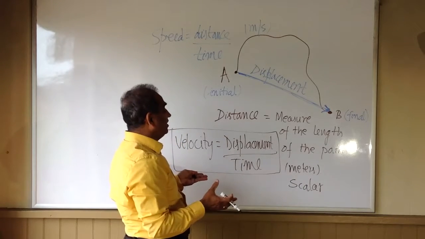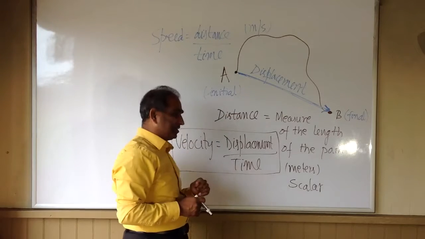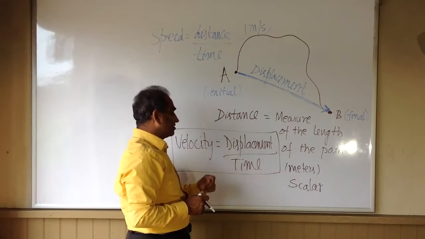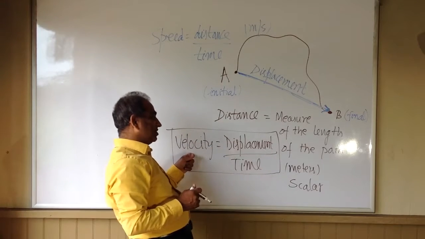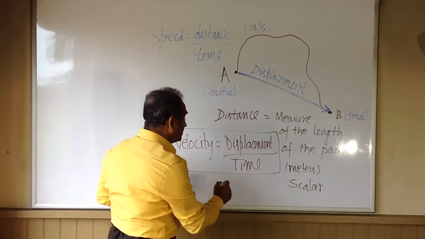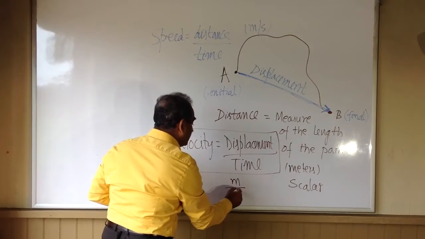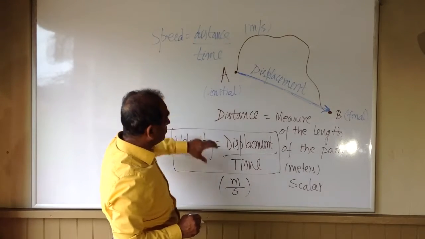It has to be a vector quantity because displacement is a vector. Even though time is scalar, displacement is vector. Therefore, vector over scalar is vector. So velocity is also a vector like displacement, and its units are the same as speed, meters per second, because it's length over time.